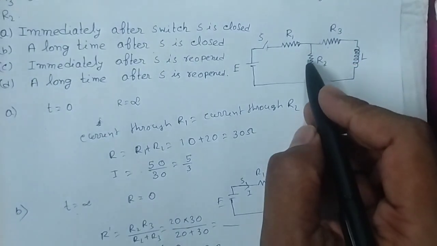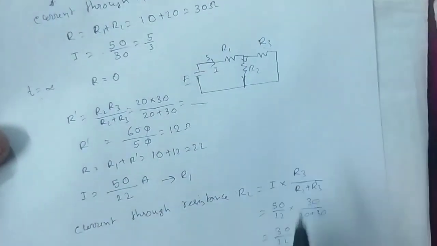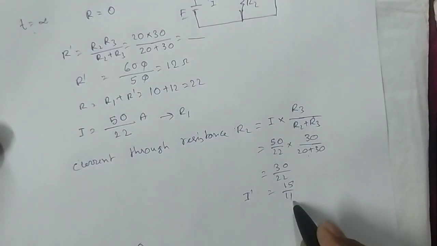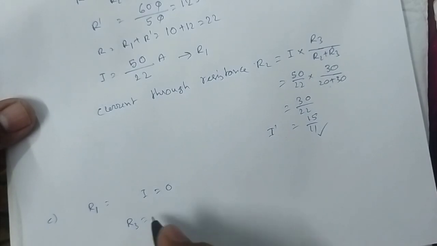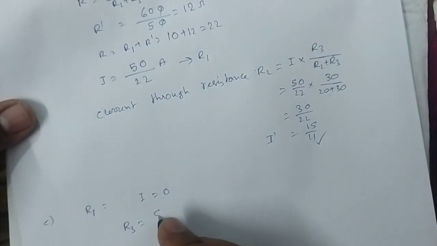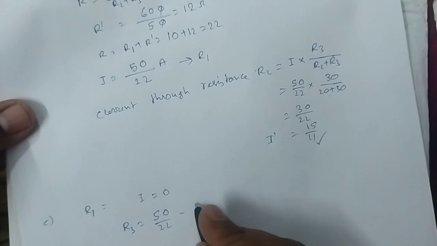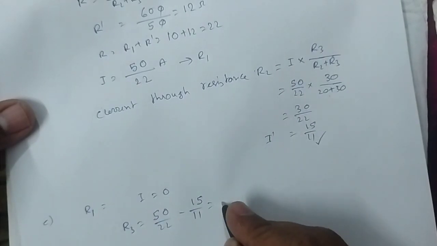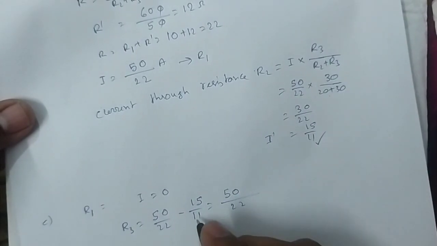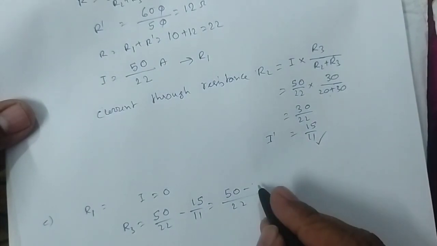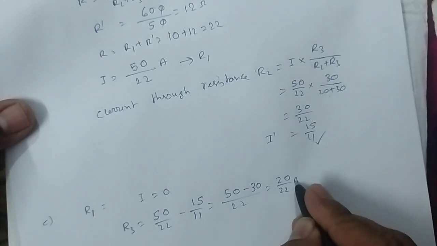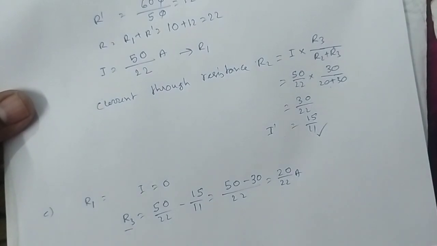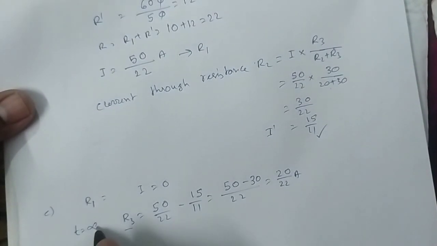Steady state current means at infinite time, the current through R2 is 15 by 11 and the current through R3 is the total current 50 by 22 minus 15 by 11, so this is basically 50 by 22 minus 30 by 22, that is 20 by 22. So this is the current through the resistance at t equal to infinity.